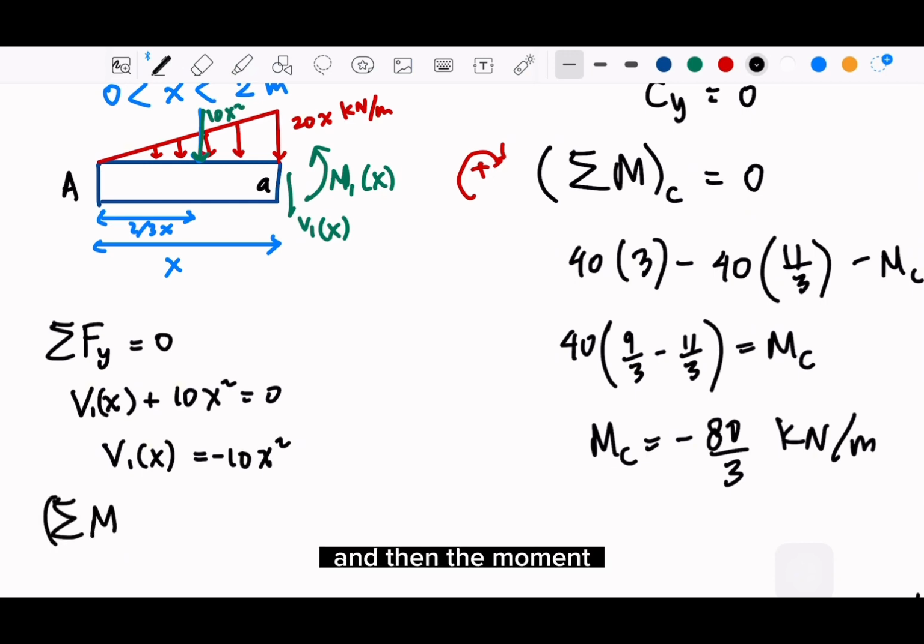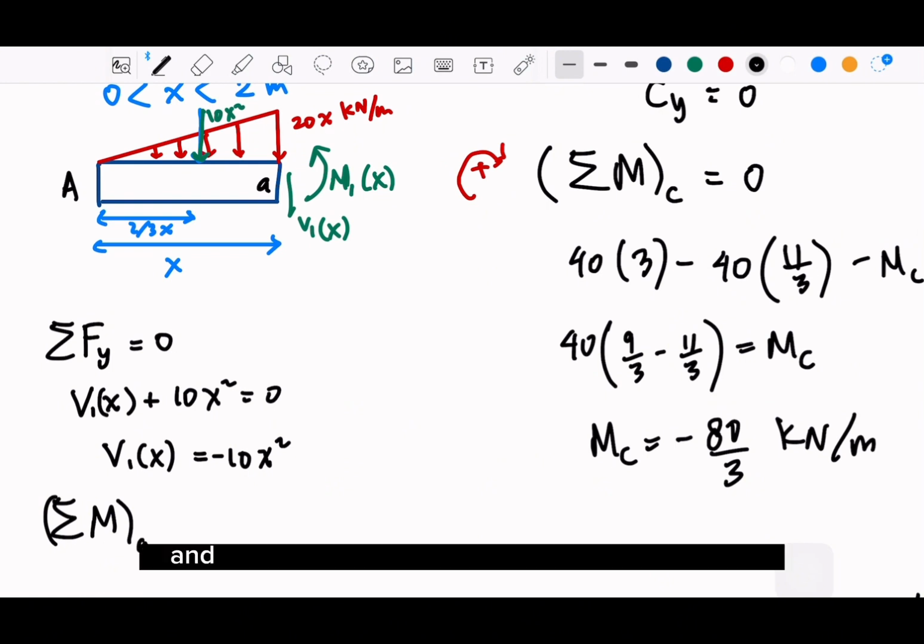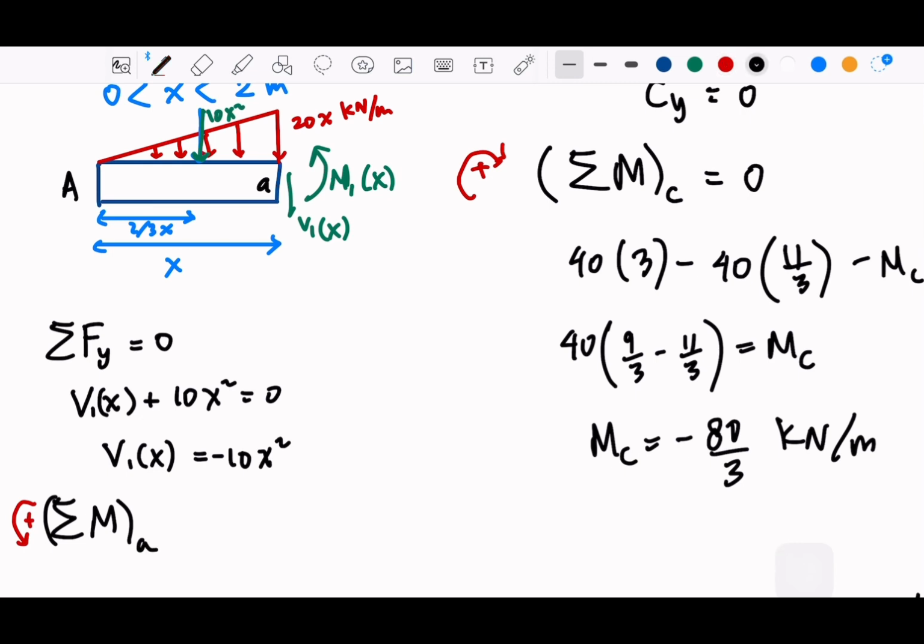And then the moment with respect to A, and I think I would just make that part positive. So this is equal 0.